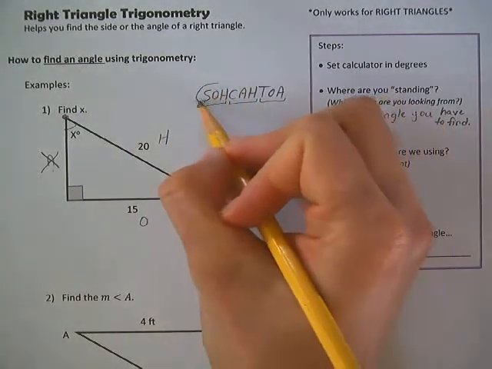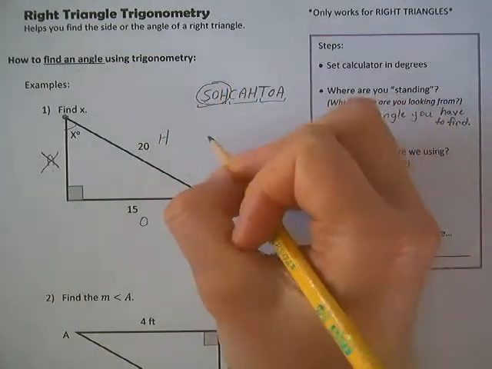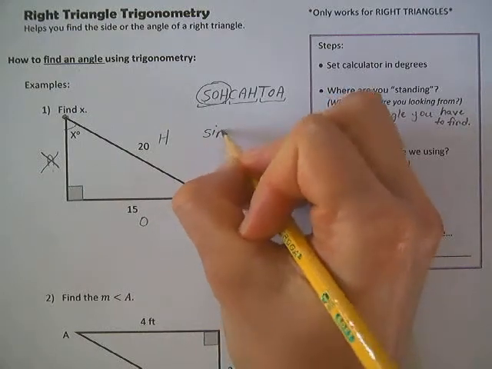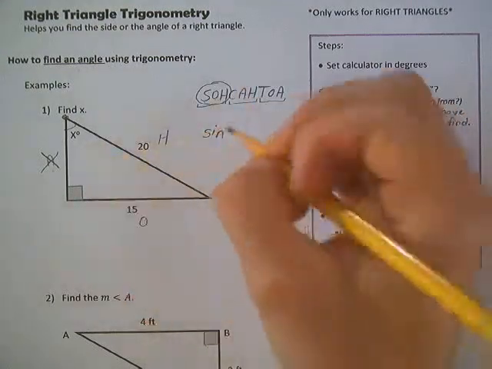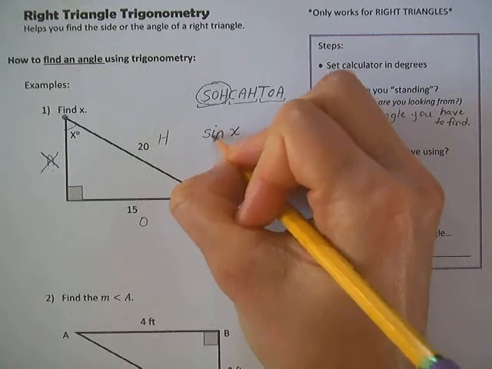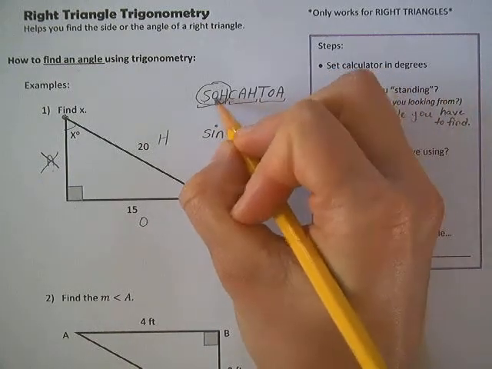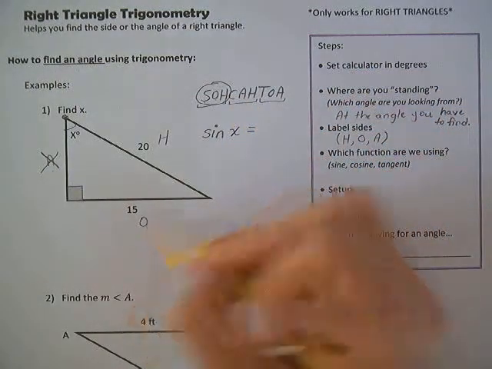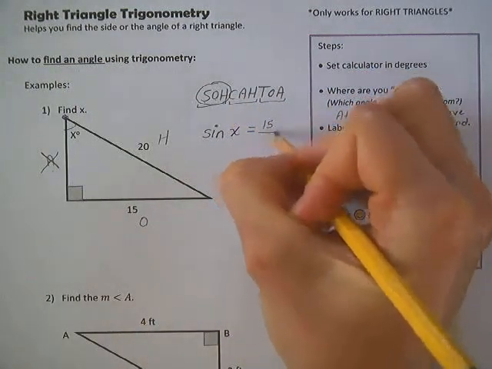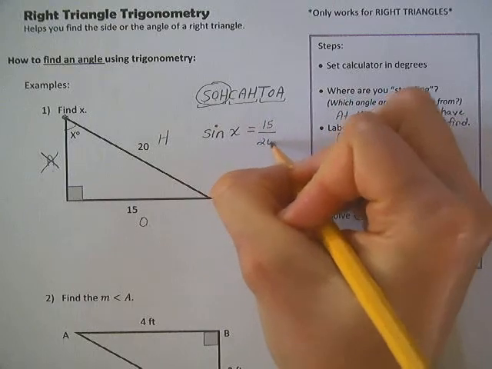So that means that I'm going to be using the sine function. All right, so it's going to be sine of your angle. So notice the angle is x, so it'd be technically sine of x equals, and then sine is opposite over hypotenuse. So my opposite is 15 over the hypotenuse is 20.